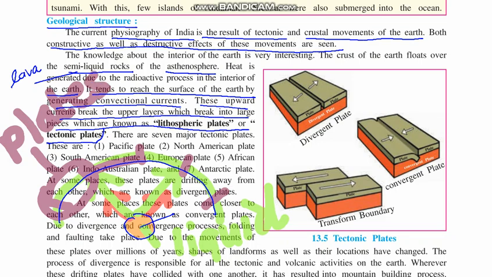Okay, so you understood it. It's exactly like the coating of chocolate on a cake. It is solid while inside it is liquid, but once you break it, those parts will be fragmented into different pieces. So due to that the tectonic plates are created.